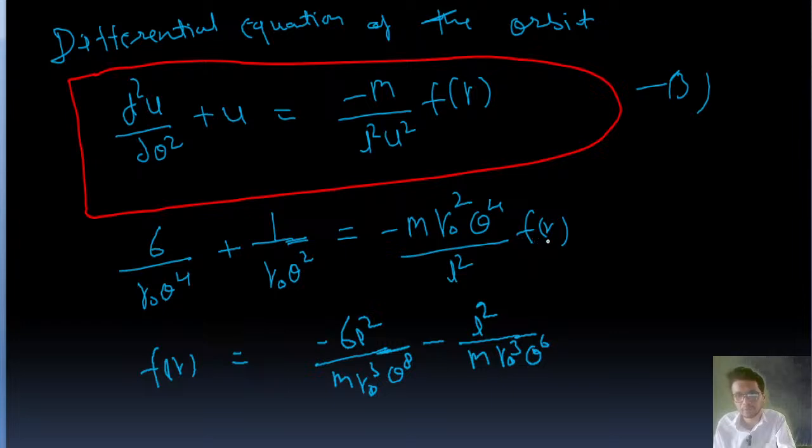So we've just got the value of f of r, a simple calculation, just did cross multiplication, okay, this one, right? So this is this and this is this.